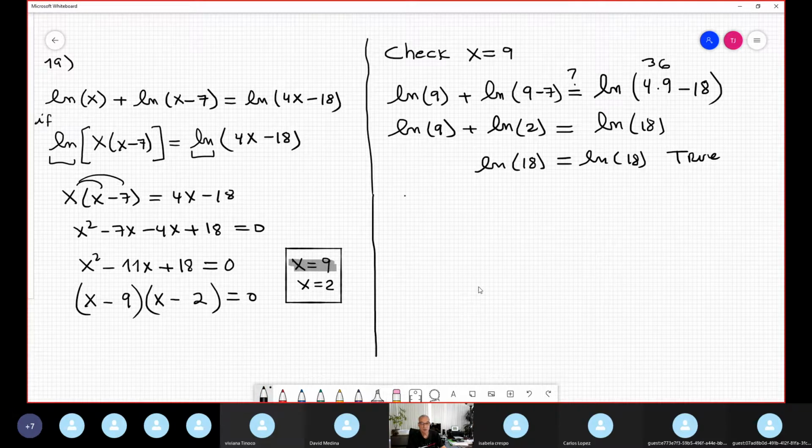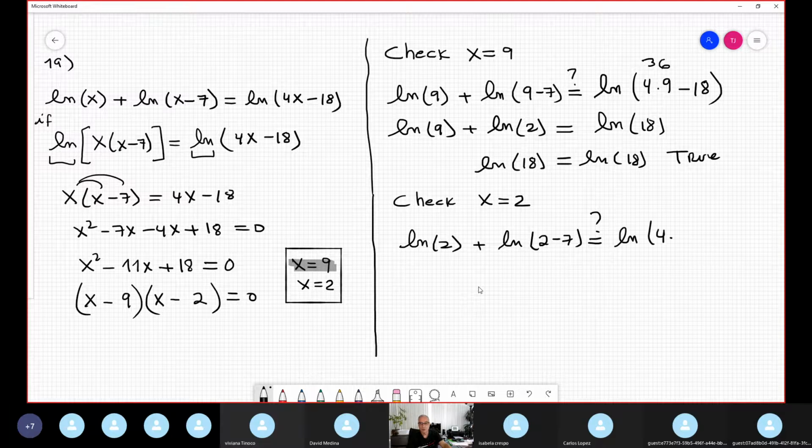Let's move on to the checking for 2. Logarithm of 2, I plug it into the original equation, plus logarithm of 2 minus 7, should be equal, clean again, to logarithm of 4 times 2 minus 18.